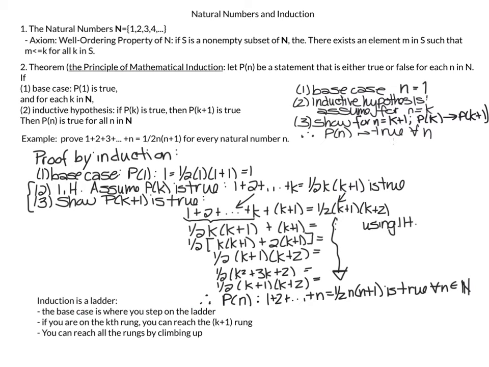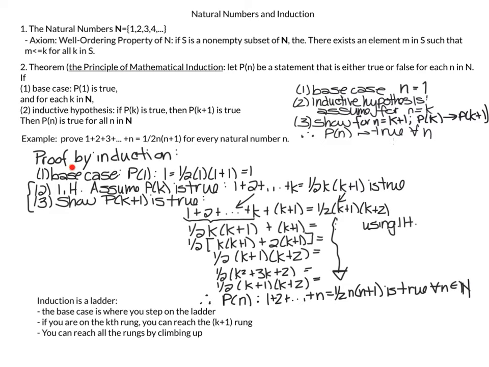Then once you're on the ladder, once you're actually on the kth rung, you are told that you can reach the k plus 1 rung. So if you assume you're on the kth rung, you can reach the k plus 1 rung. And then by this, because you have a place to start and you can keep going up one rung at a time, you know that you can reach all the rungs of the ladder by climbing up.